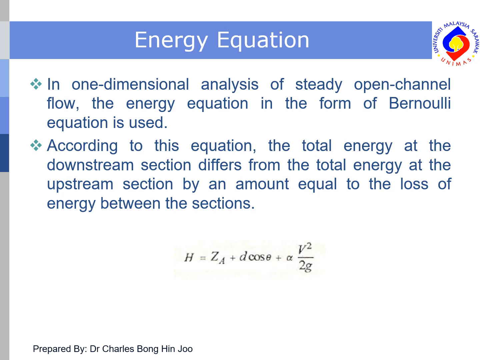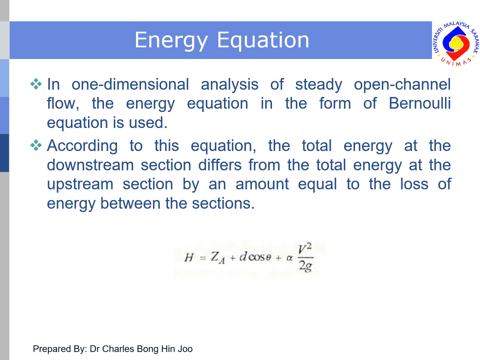Now we're going to look into the energy equations. For a one-dimensional analysis of steady open channel flow, the energy equation is given in the form of the Bernoulli equation. According to this equation, the total energy at the downstream section will differ from the total energy at the upstream section by an amount equal to the loss of energy between the two sections.